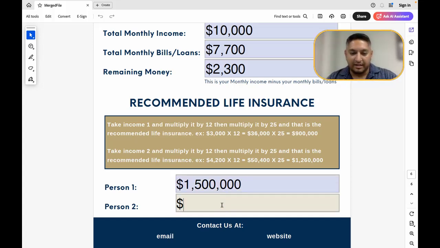Now, again, these are rules of thumb, and I'm not going to sit here and lie to you saying that, oh, $1.5 million of life insurance, even as a term policy, is very affordable with this cash flow, right? So we always have to see where your needs are, where you're comfortable, because at the end of the day, these are very personalized decisions.